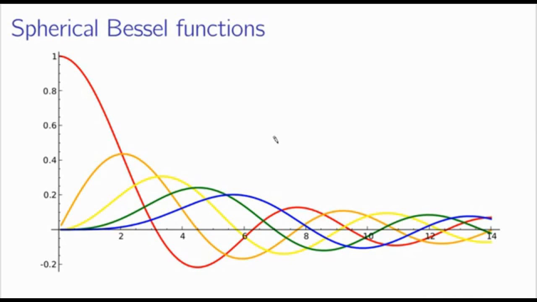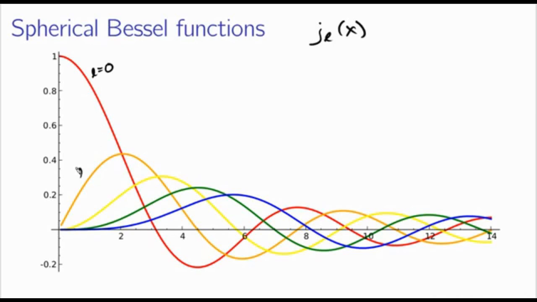This is a plot of what the spherical Bessel functions actually look like. So this is our radial solutions. The red curve here is for L equals 0. We're looking at j sub L of x now.